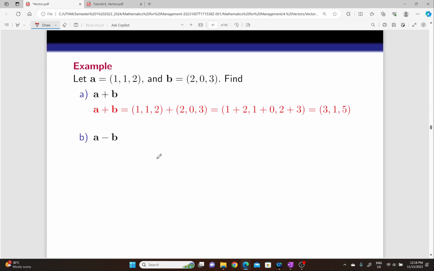Minus is also the same thing. One minus 2 is -1. 1 minus 0 is 1. 2 minus 3 is -1.